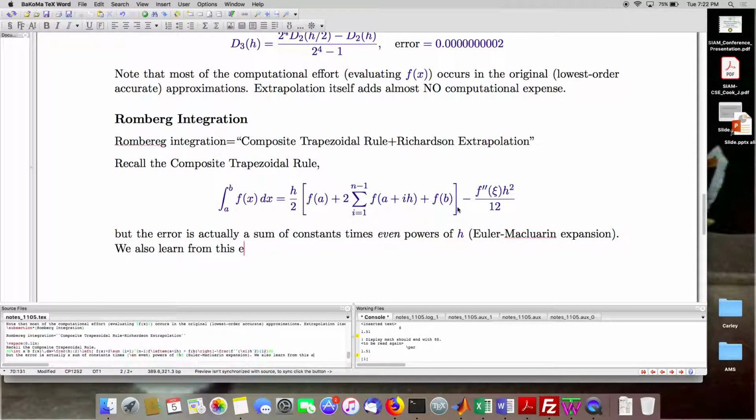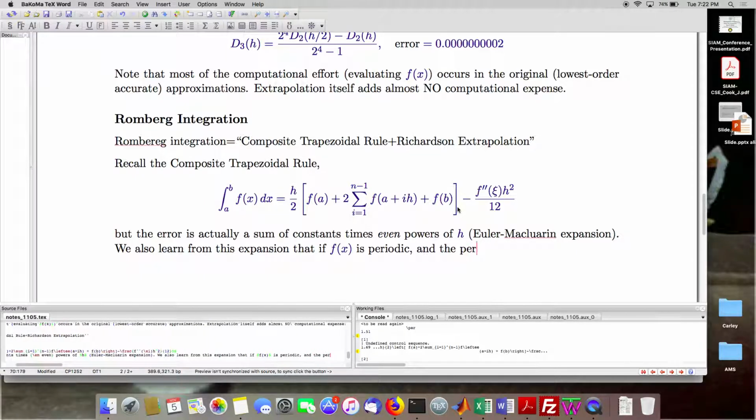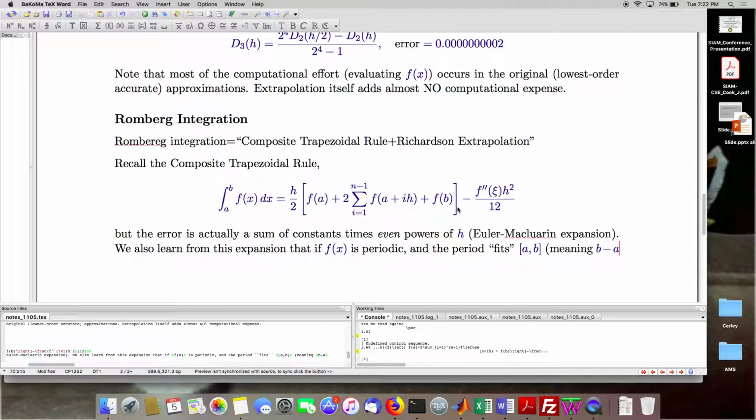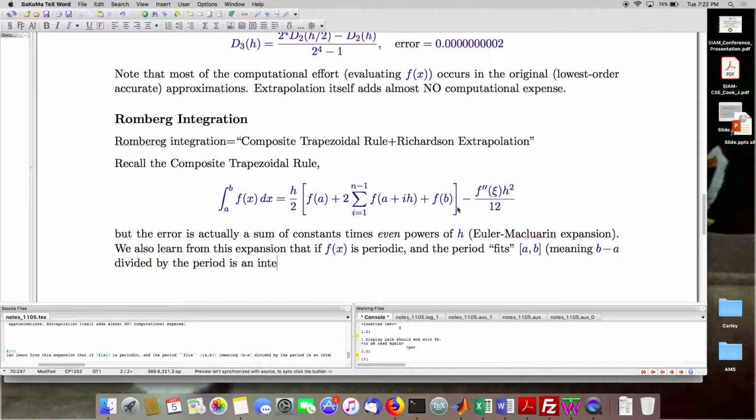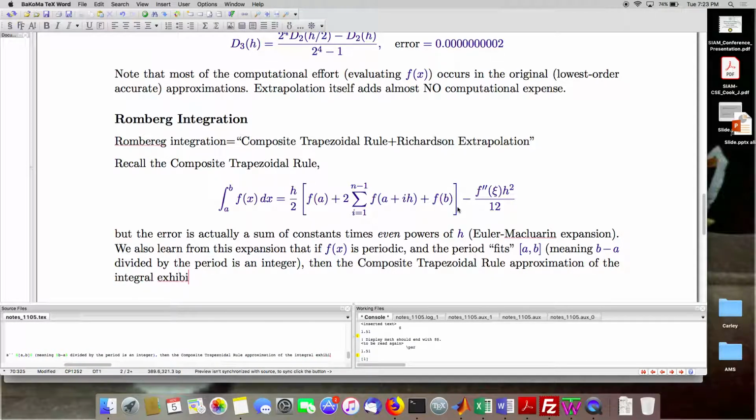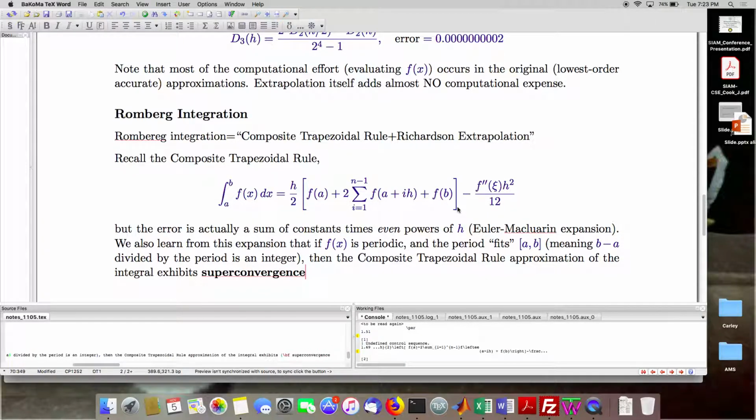We learn from this expansion that if f is periodic and a period fits AB, meaning that b minus a divided by the period is an integer, then the composite trapezoidal rule approximation of the integral exhibits what is called superconvergence.